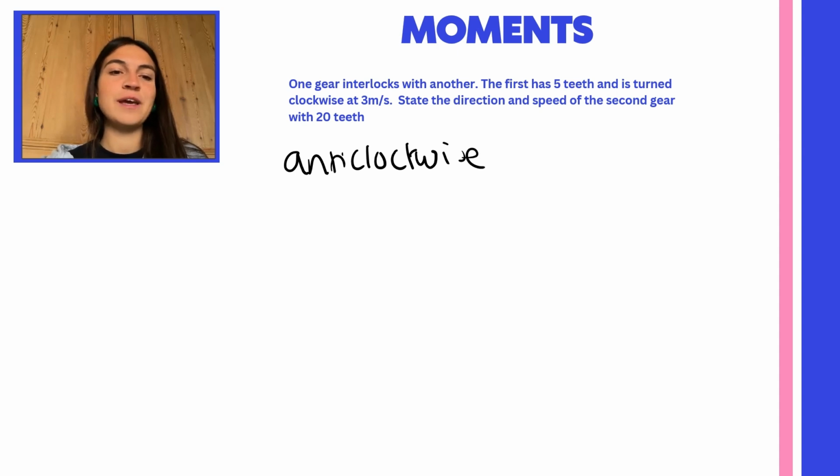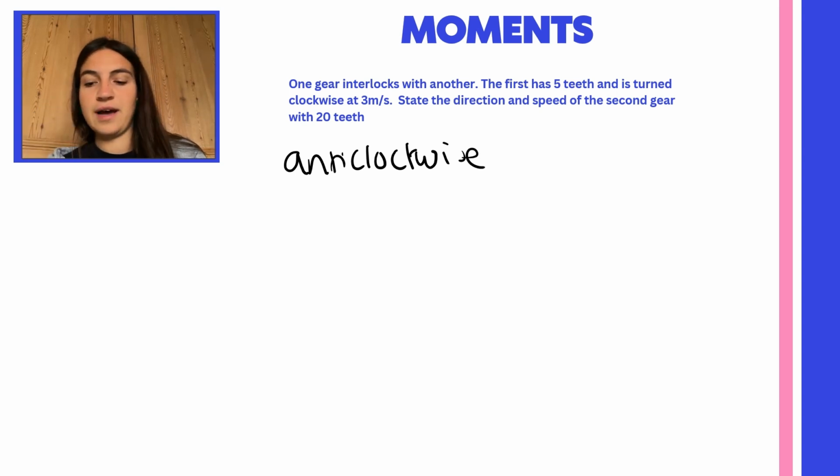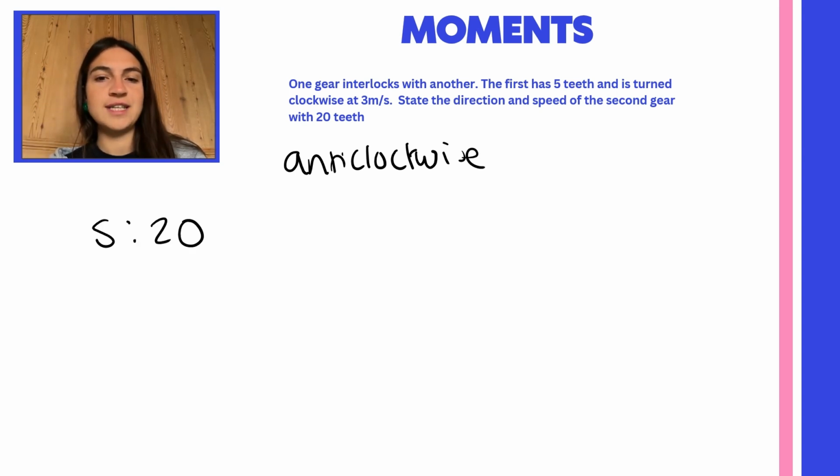Okay, now for the speeds. So the key thing about the speeds is to do with the ratio of the number of teeth for your gears. So let's write those out first. 5 teeth versus 20 teeth. And I want to try and simplify this ratio down as far as I can.